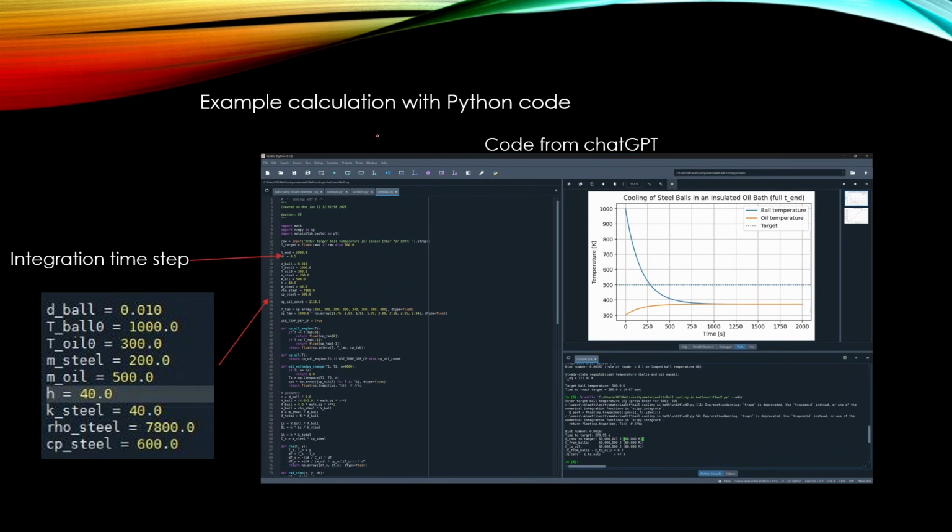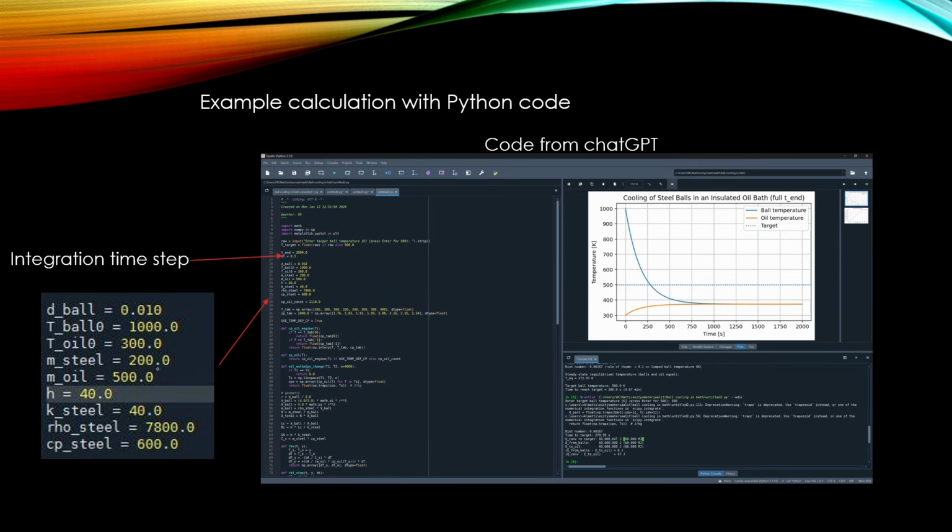Here we have an example. I asked this Python code from ChatGPT, and I calculated an example case. In this case the ball diameter was 1 centimeter and the ball initial temperature was 1000 kelvins and oil initial temperature was 300 kelvins.